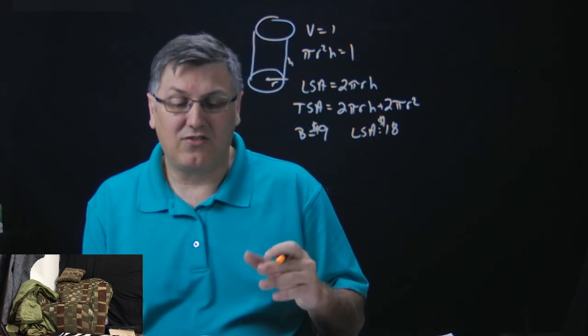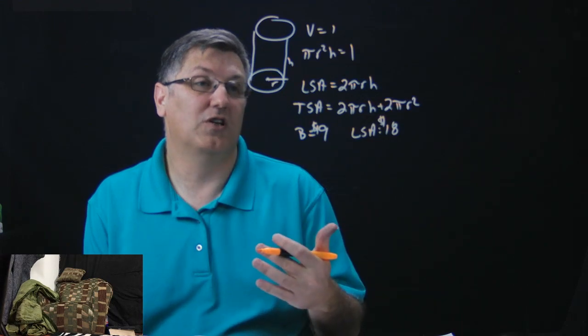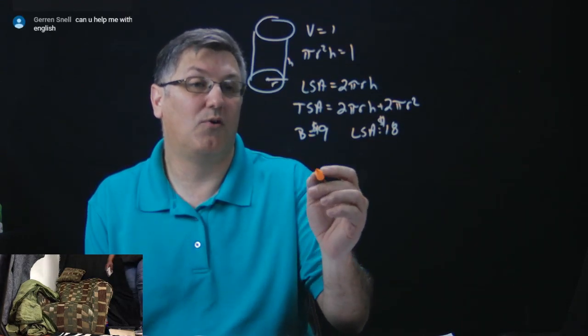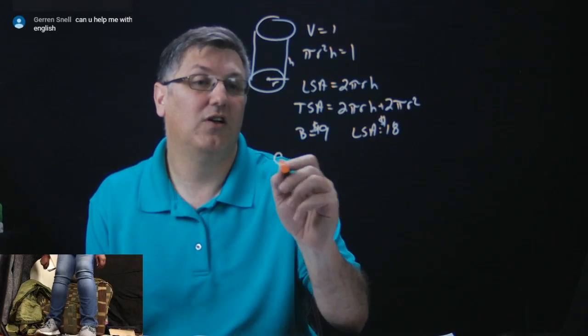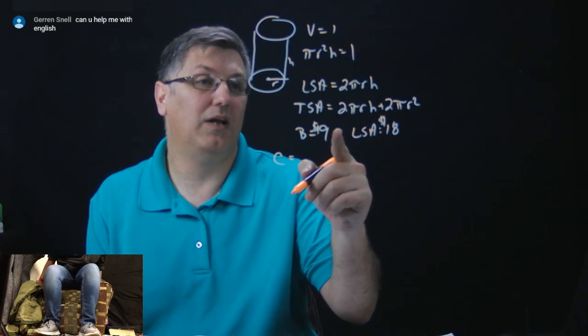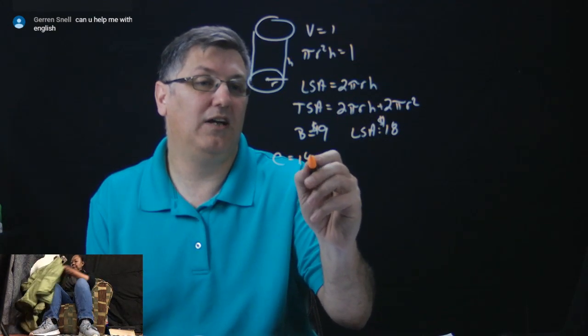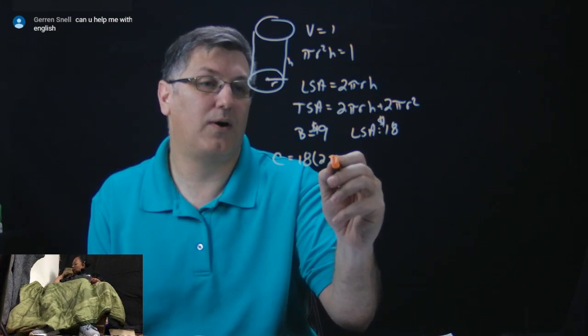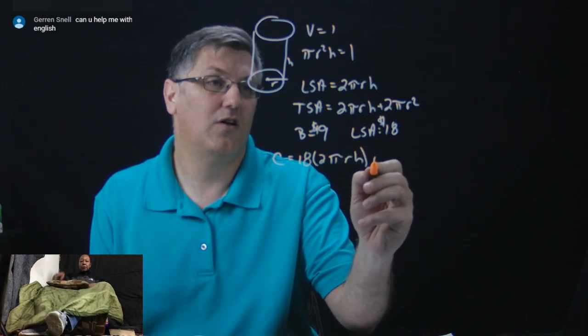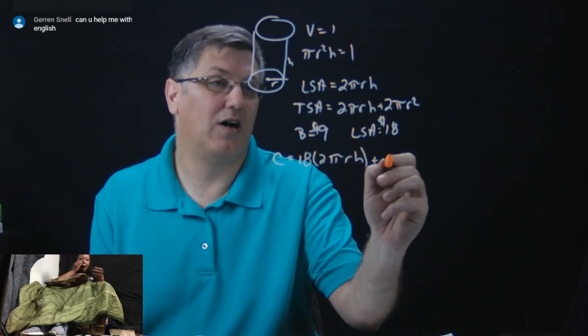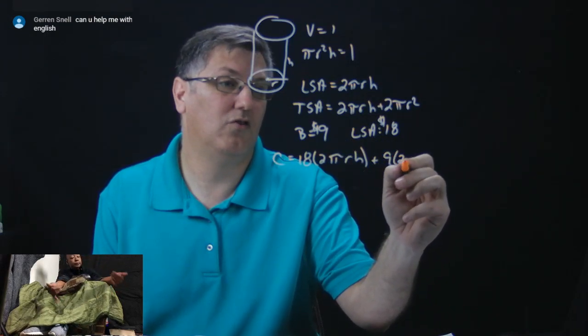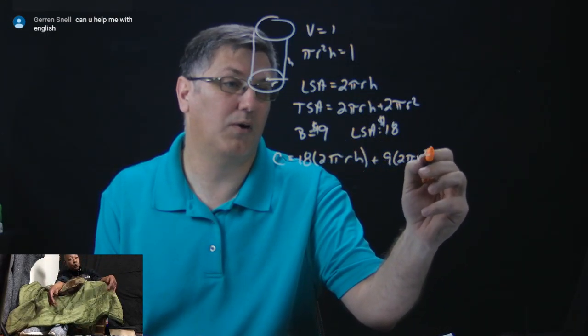So on this, it actually asks him to write a cost function. Well, the cost function is pretty straightforward. So the cost function for this is going to be 18 times 2 pi rh plus 9 times 2 pi r squared.